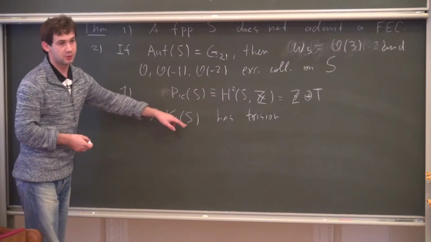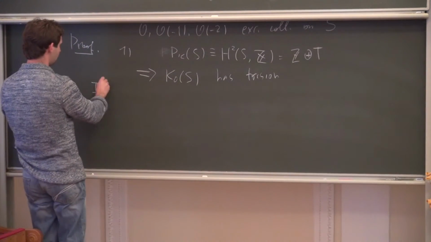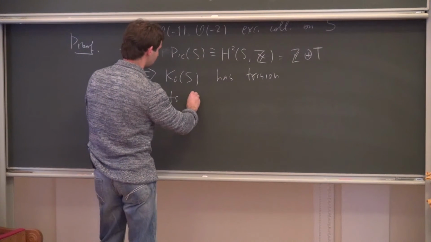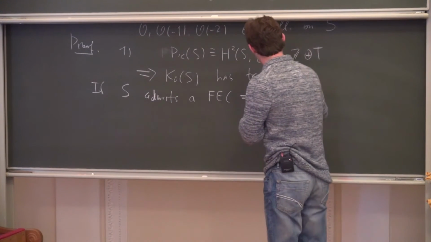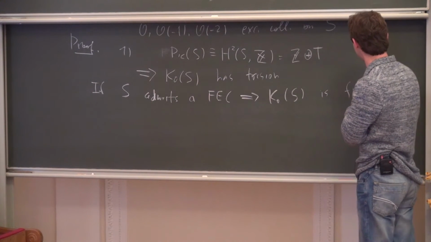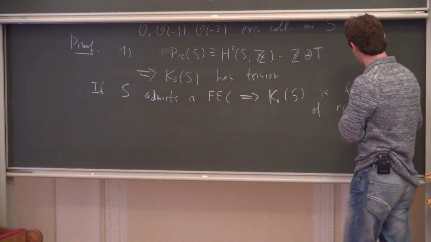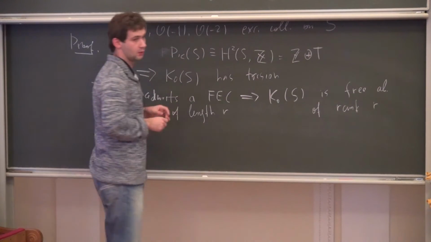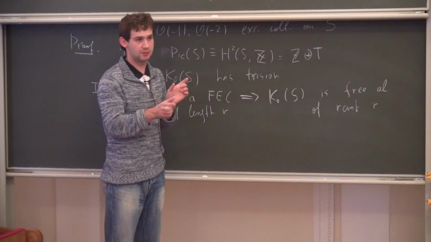But this is an obstruction, because if S admits a full collection, then K0 of S is a free abelian group of finite rank, of the same rank as the length, so of rank R if the collection is of length R. This is because the Grothendieck group is an invariant of the derived category, and it's additive for semi-orthogonal decompositions.